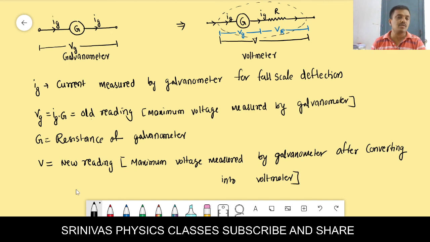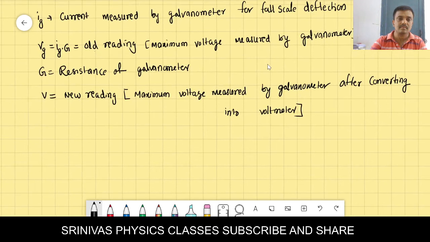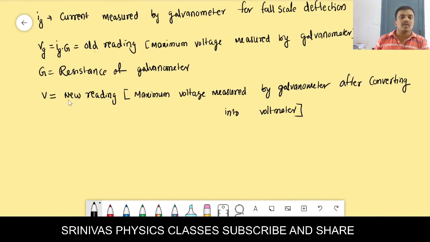After converting into a voltmeter the new reading is V. And R is what? R is the high resistance.